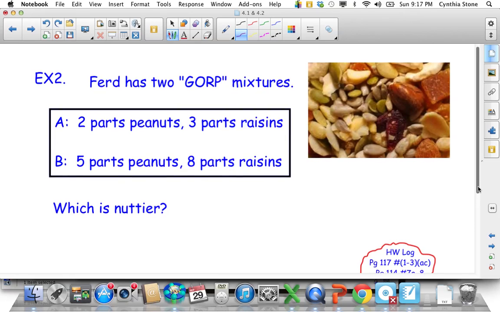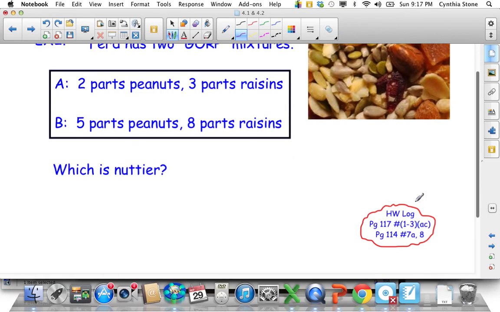The one that I think is the simplest is considering, if we look at part A, we have a ratio of 2 to 3.